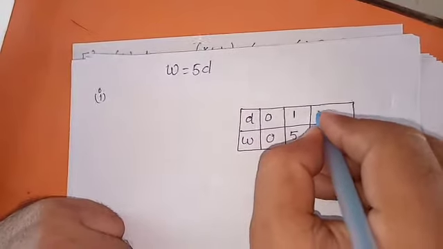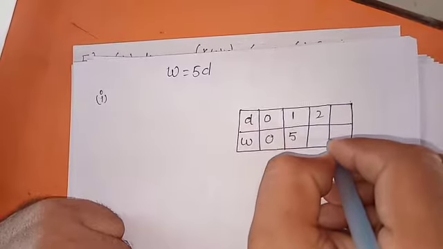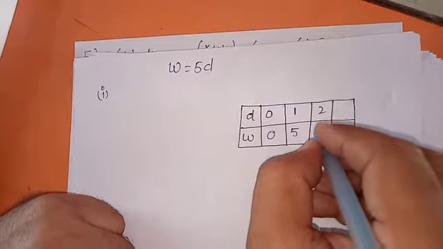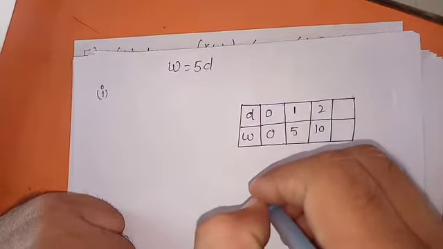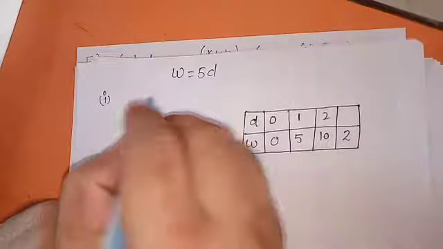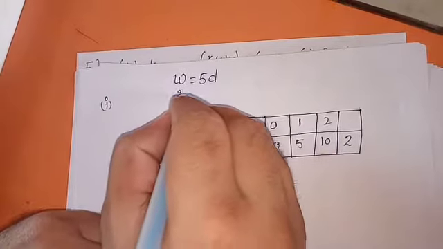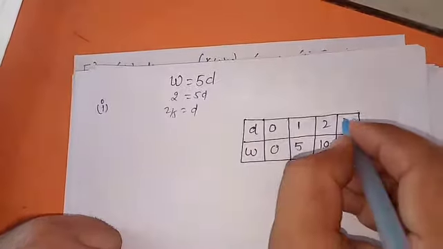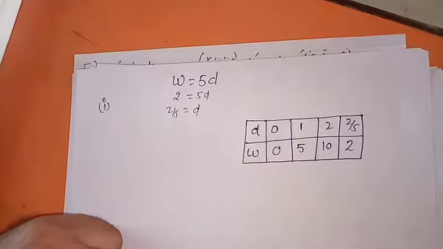And if D is 2, then what's W? And if W is 2, what's D? So 2 is equal to 5D and D equals 2 by 5. You have to read from the graph also.